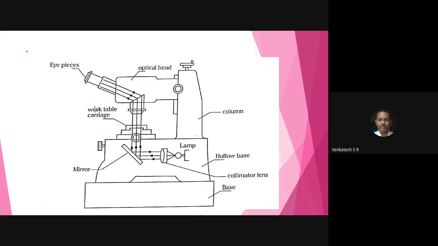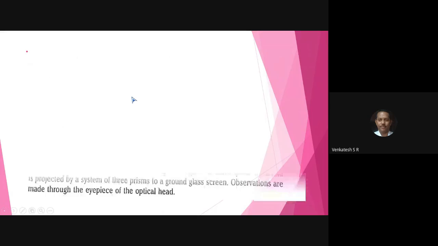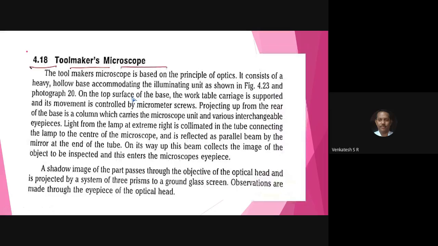Now come to the point. This is the tool maker's microscope. All of you, please write down the question. Second question in module 3, there will be 2 questions. One is: explain briefly the 2-wire method or 3-wire method for the measurement of thread profile. In the second question, always it is the tool maker's microscope or profile projector.